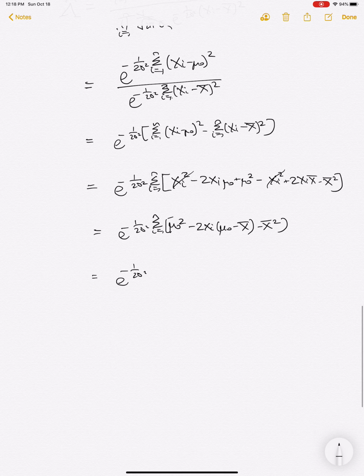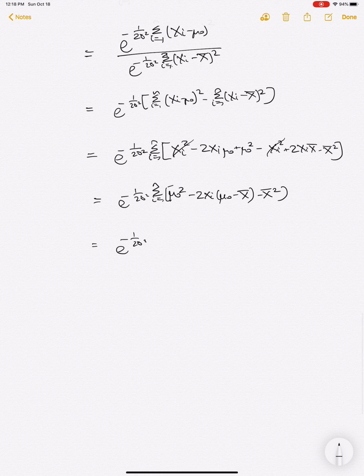Okay, and then when you bring the sum through, you're just going to get n times mu 0 squared minus 2 x bar times n mu 0 minus x bar, and then minus n x bar squared.